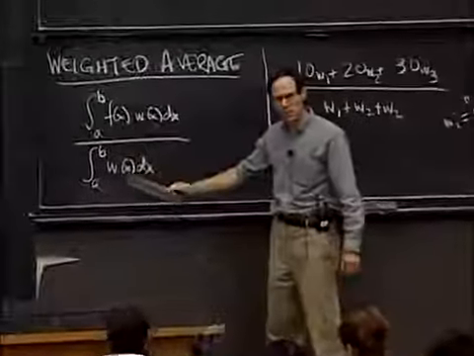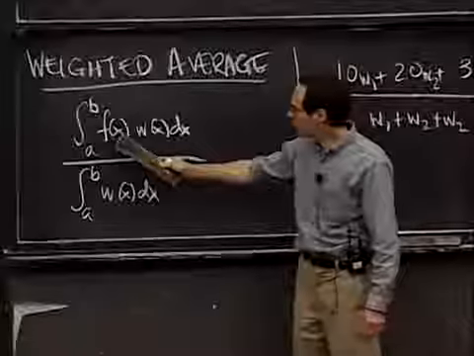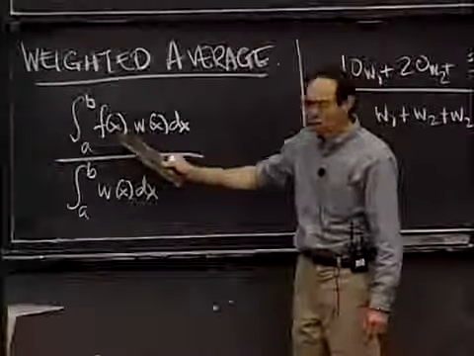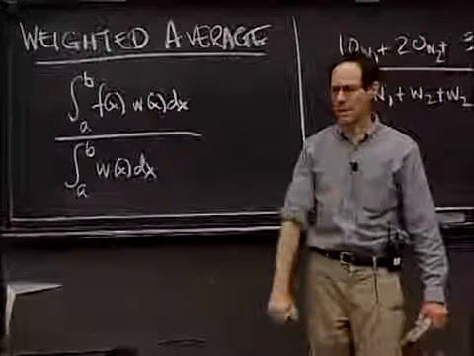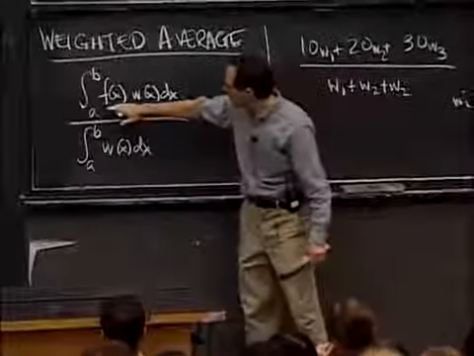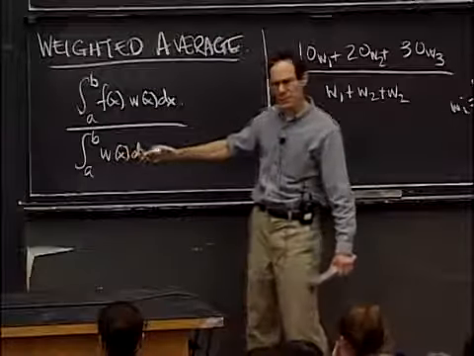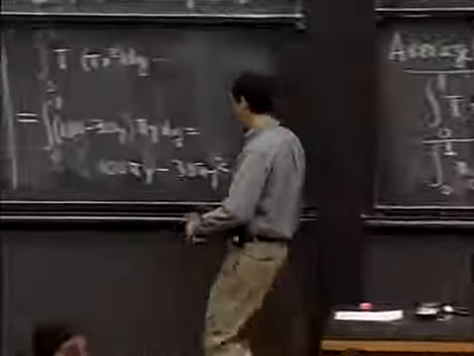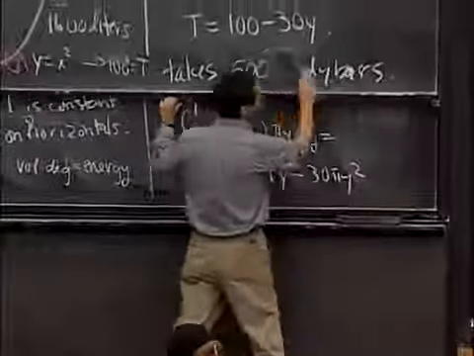The weightings will be different, but the functions f will be of a very particular kind. Namely, the function f will practically be a constant, but not quite. It's going to be a constant on one interval and then 0 on the rest. So we'll do those weighted averages now. Now, this subject is called probability.